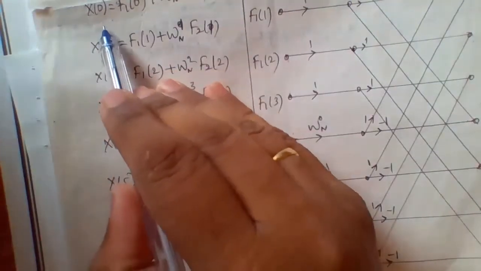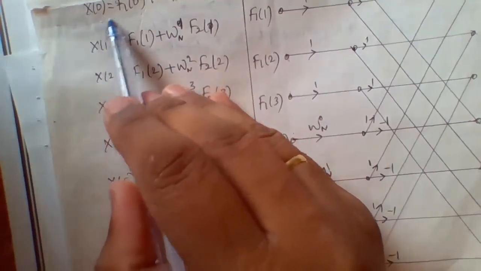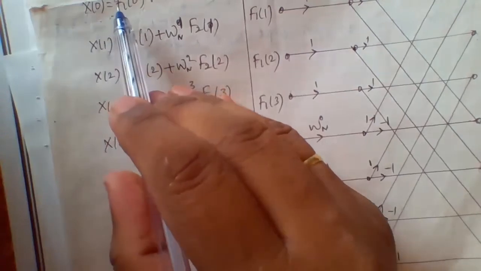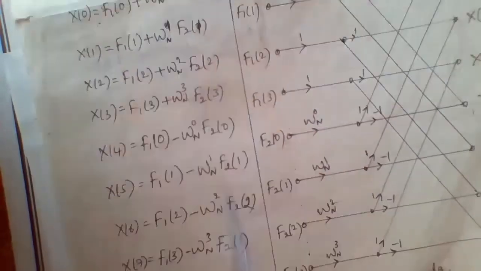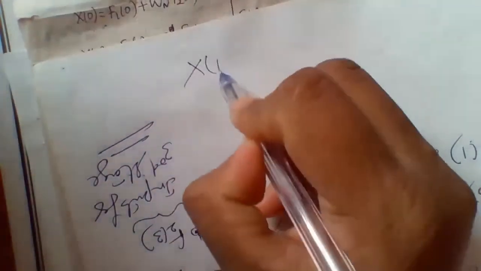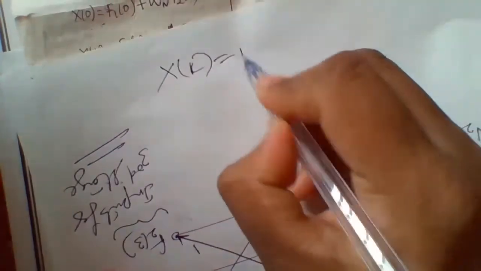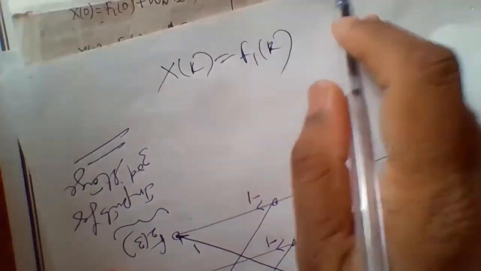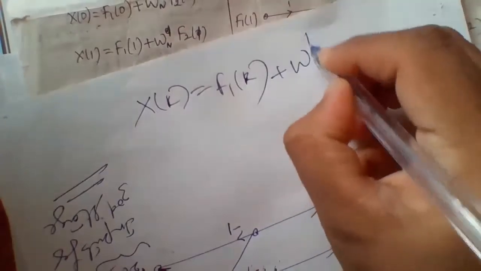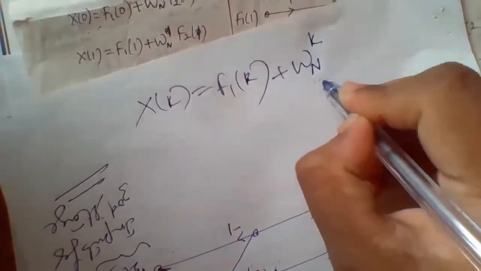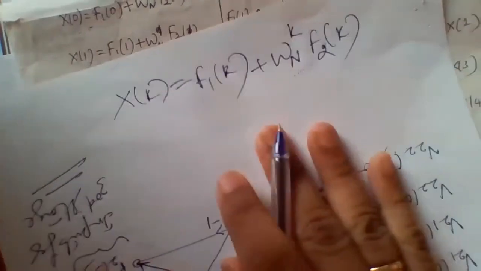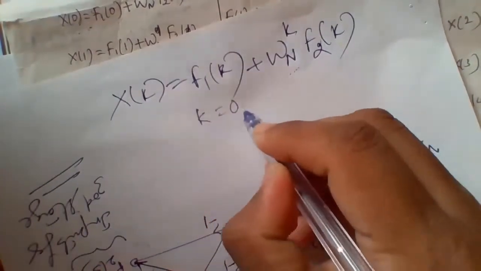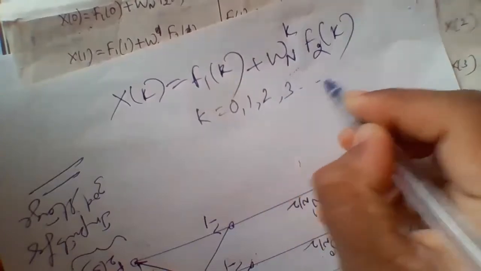The third stage equation is x of k equal to f1 of k plus w raised to k, suffix n, f2 of k, and k will be 0, 1, 2, 3 up to 7.